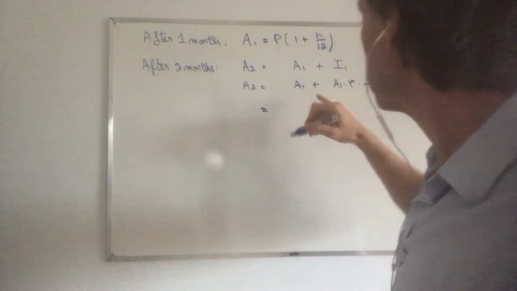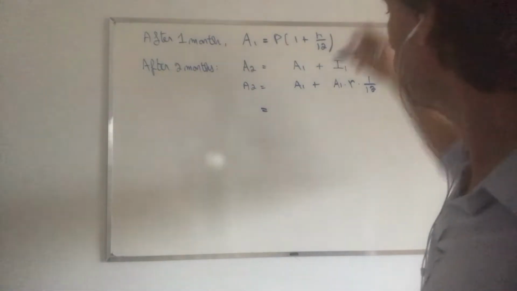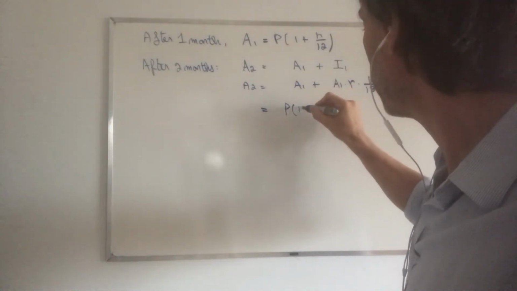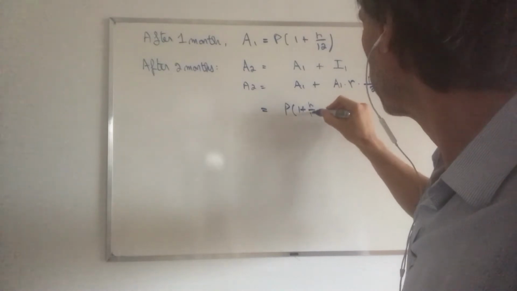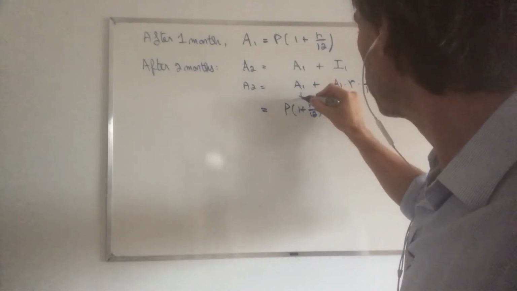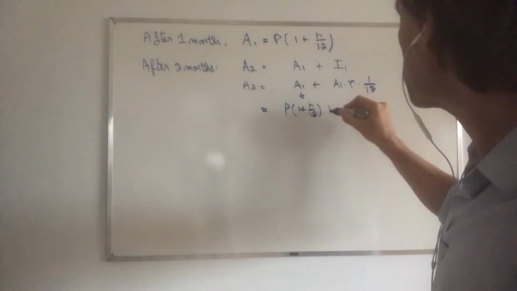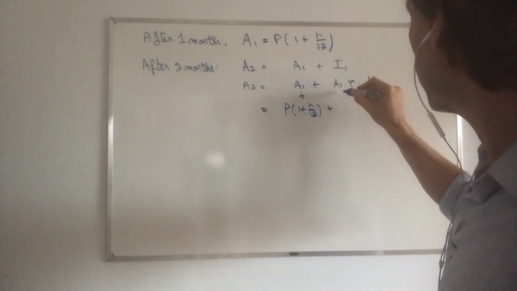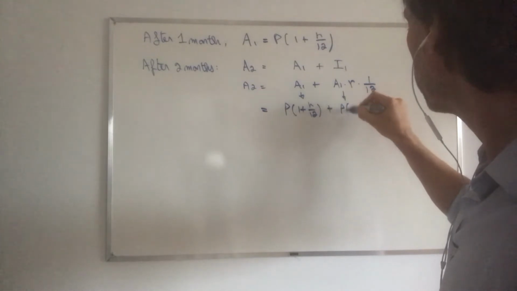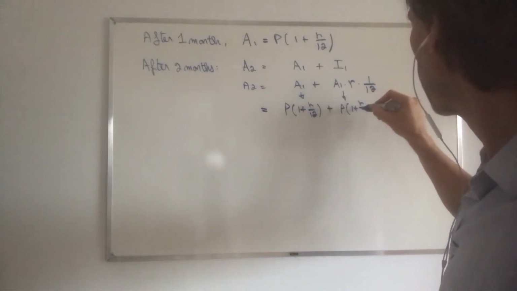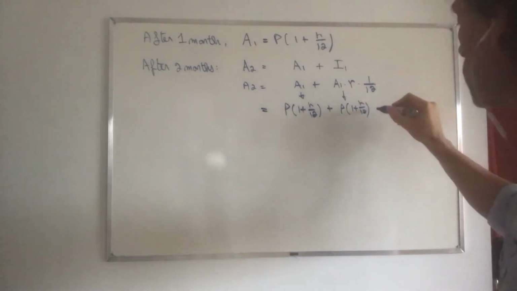So what is that? A1, well, A1 is here, isn't it? This is A1 from here, from the first month, plus A1, again, A1, times what?